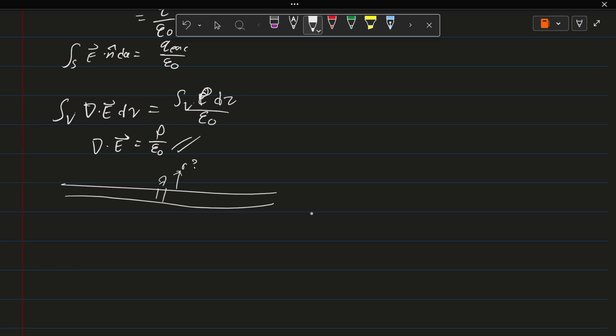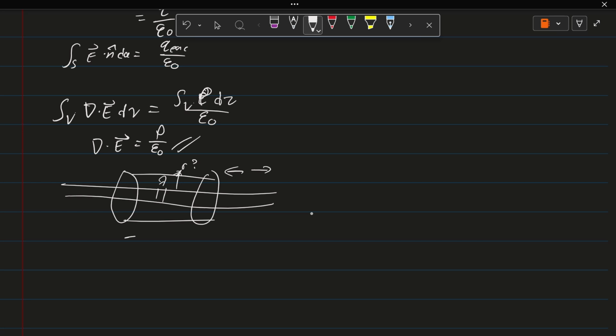We know that it is going towards infinity, so the components in the directions of the rod don't really matter. And so maybe we could construct a surface, something like this, and figure out what the electric field is in here thanks to the symmetry.